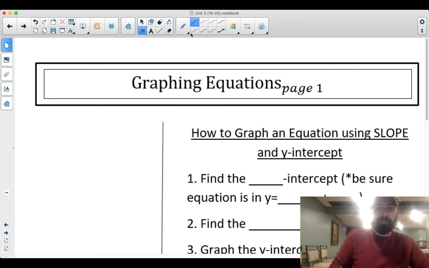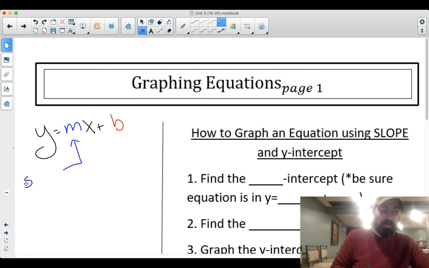First thing we want to remember is that we want to have our equation y equals mx plus b. I'm going to color code here a little bit to maybe help us. Remember, my blue is my slope.